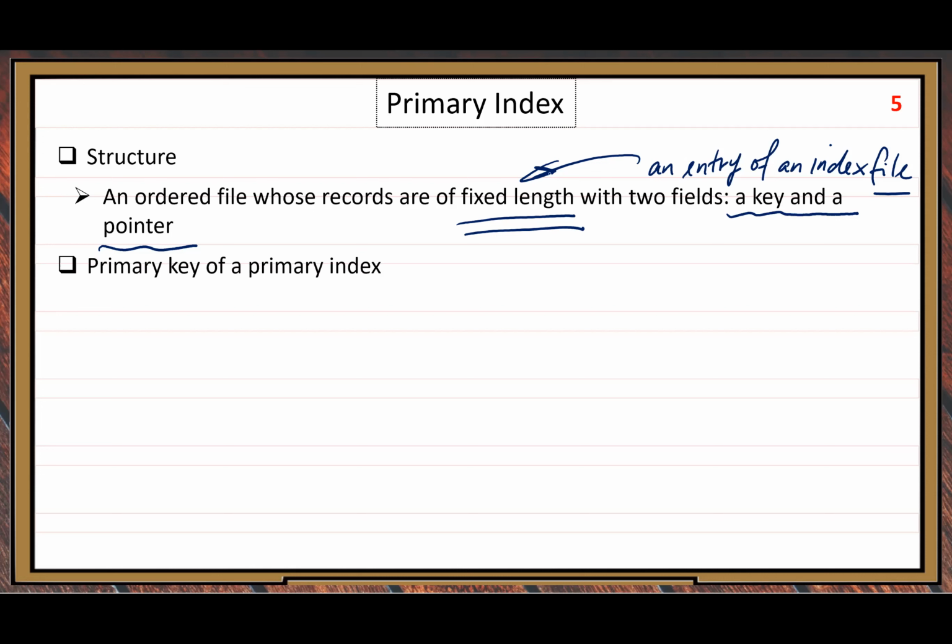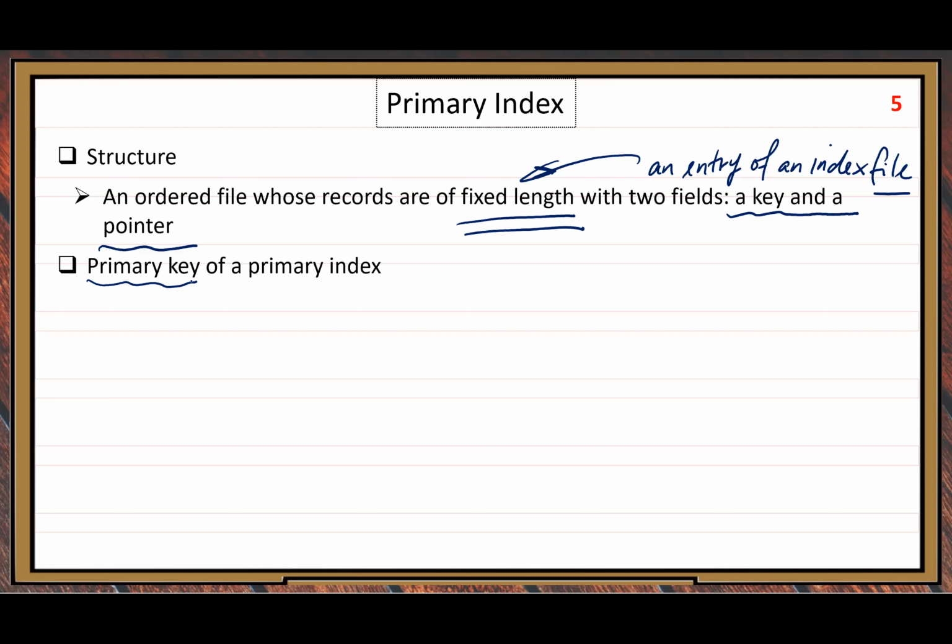All right. Primary key of the primary index. The primary index has a primary key, but this is the confusing part, because in our table we have a primary key concept, and here in our primary index we have another primary key concept. Do not get confused. They are different because the context is different.